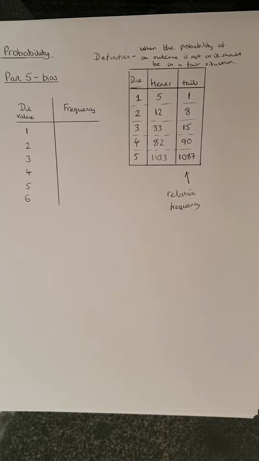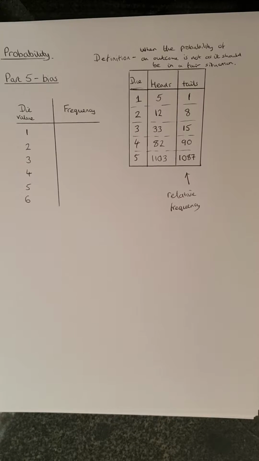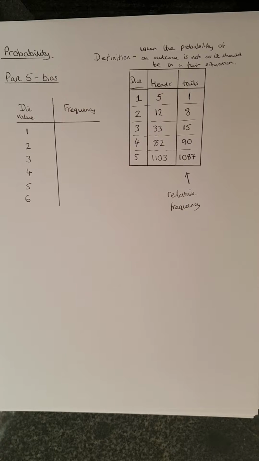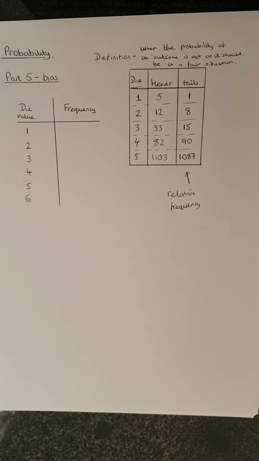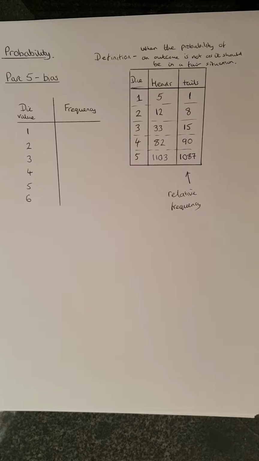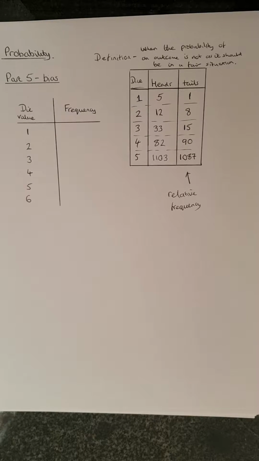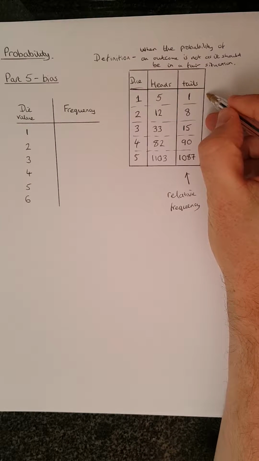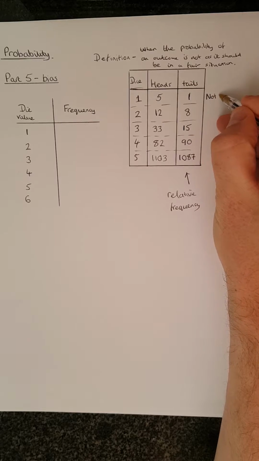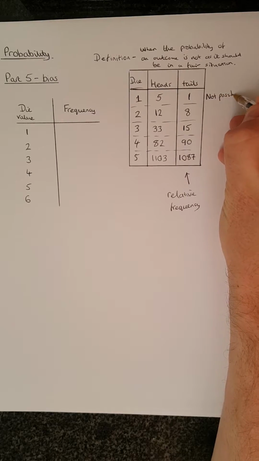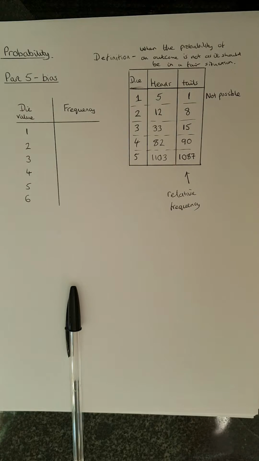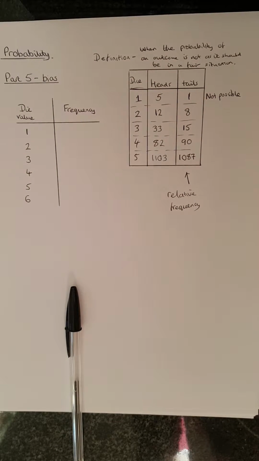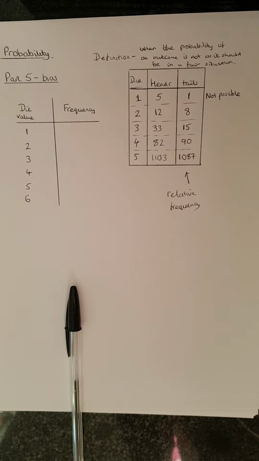So, dice number 1. 5 heads, 1 tails. Well, it's not very even, is it? Difficult here. I would rule for the first dice that it's not possible to tell, on the grounds that we've only got those 6 trials.